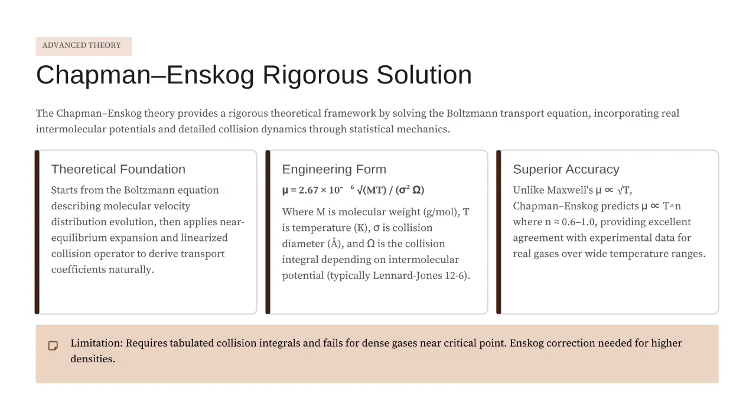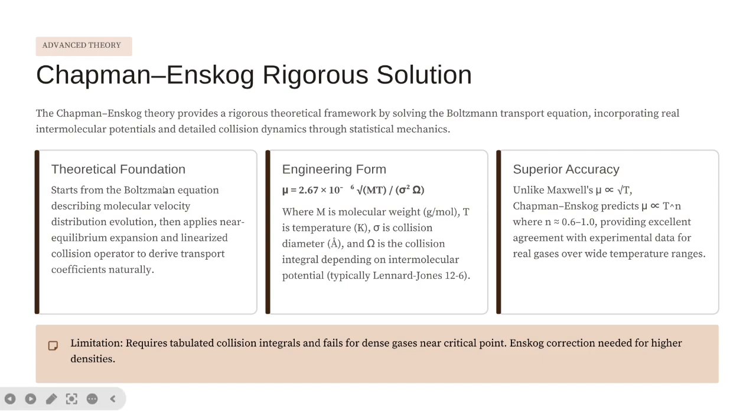The viscosity expression becomes mu equals 2.67 times 10 to the power minus 6 times square root of molecular weight times temperature, divided by sigma squared times collision integral. Here M is the molecular weight, T is temperature, sigma is collision diameter, and omega is the collision integral depending on intermolecular potential. The collision integral accounts for real molecular interactions.